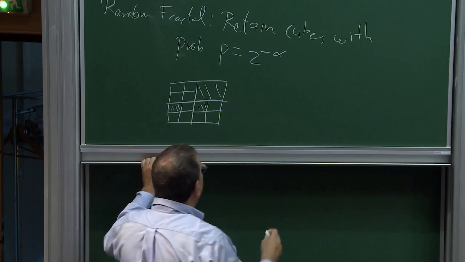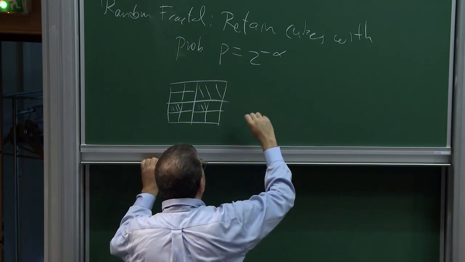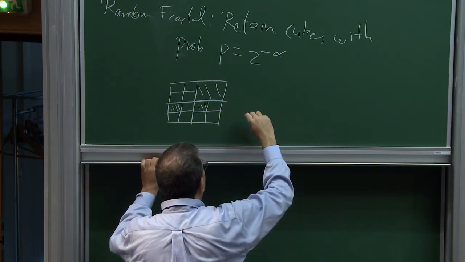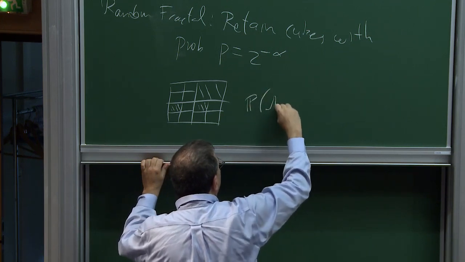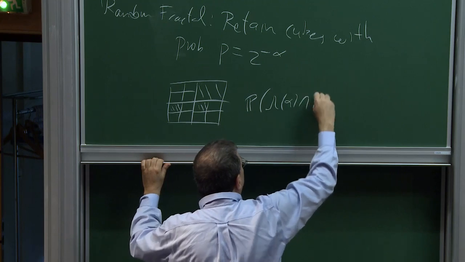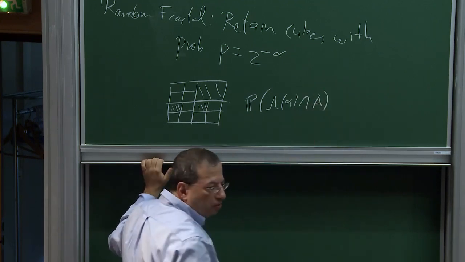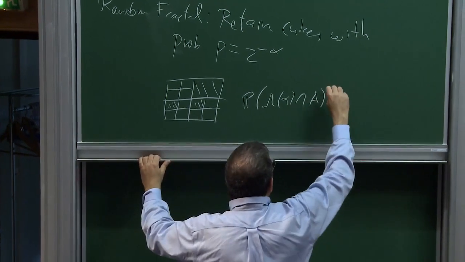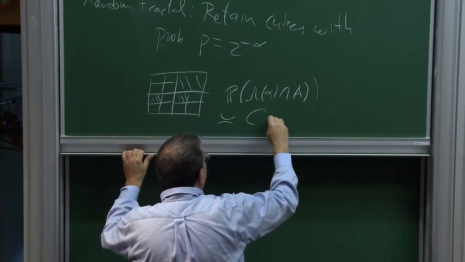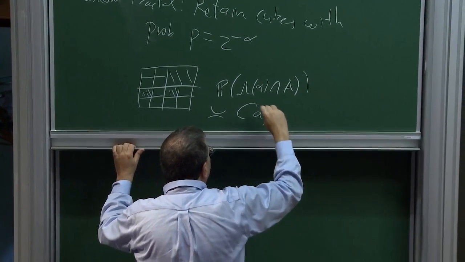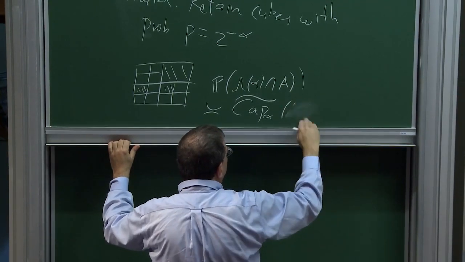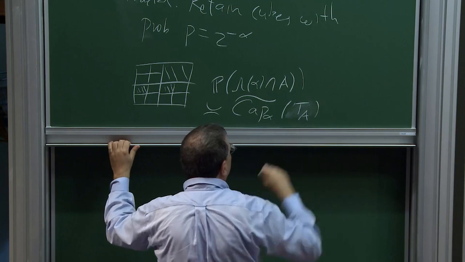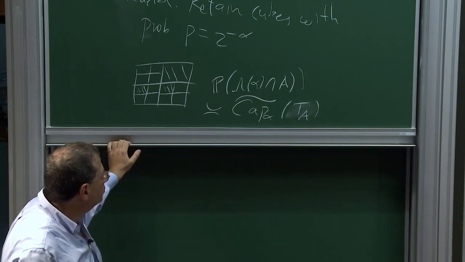And therefore, we can express Lyon's theorem in the form that the probability of the random set lambda alpha intersecting a fixed deterministic set A, this probability is equivalent to the capacity of A. So actually, I should put the capacity of the tree corresponding to A in alpha.